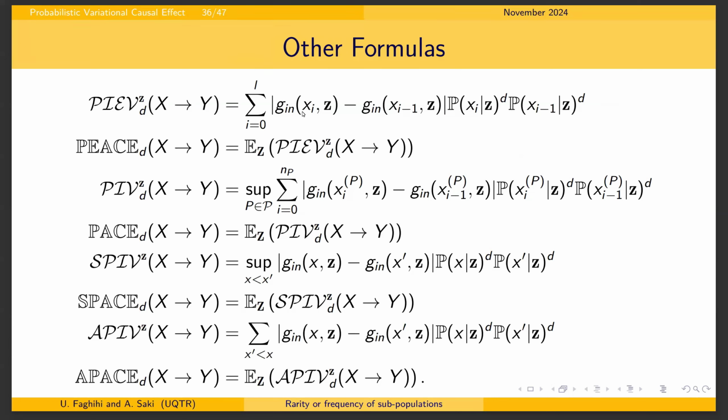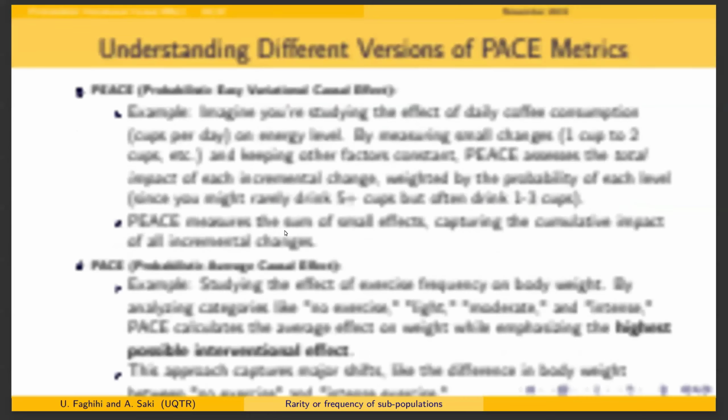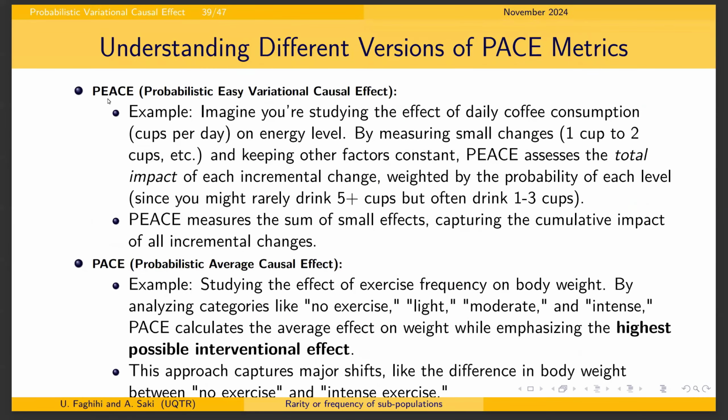So basically, with one total variation, we can come up with different versions of our causal effect. What are these? As I said, I'm going to explain to you. By this example, the PACE, probabilistic average causal effect: imagine you're studying the effect of daily coffee consumption on energy level by measuring small changes, 1, 2, 3, and keeping other factors constant.